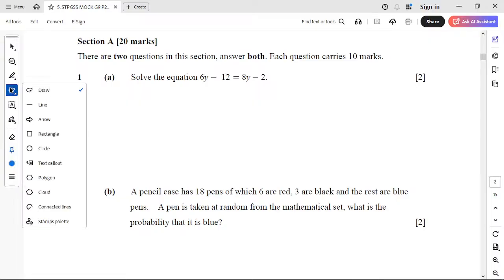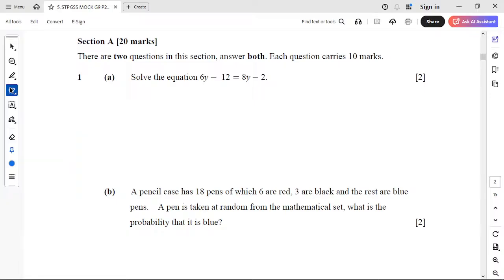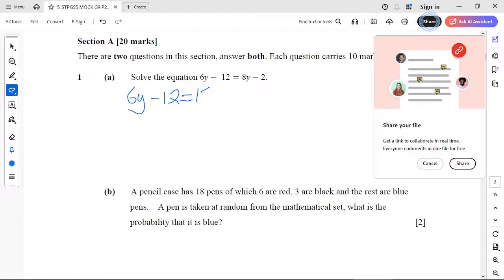To solve this one, first you need to write 6y minus 12 is equal to 8y minus 2. Once you have written this, you put like terms together.